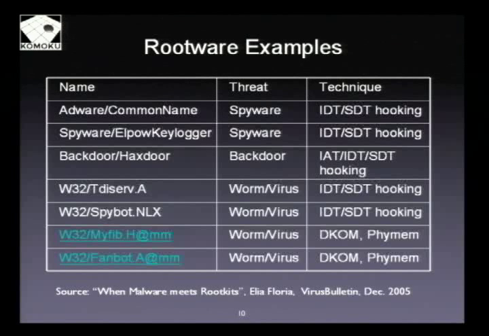The bottom two are somewhat unique in that they're actually loading themselves by writing directly to physical memory, so they're not going through the Windows driver API. They're also using DKOM, which, again, is a step up from your standard basic rootkit techniques, if you will.